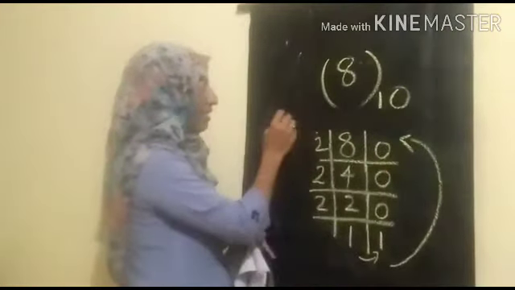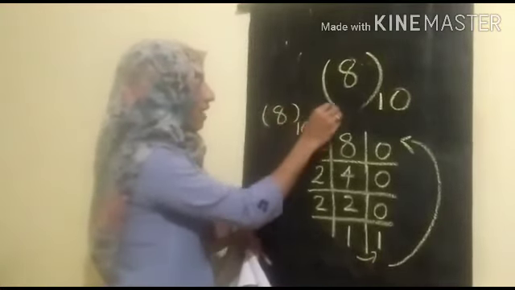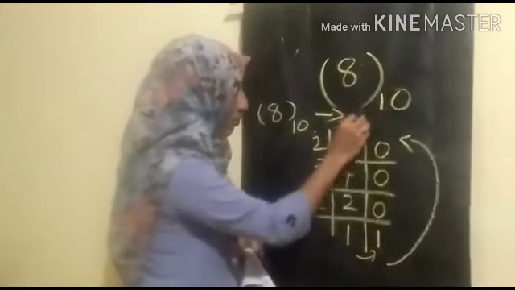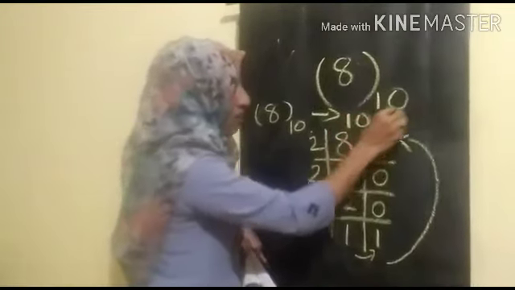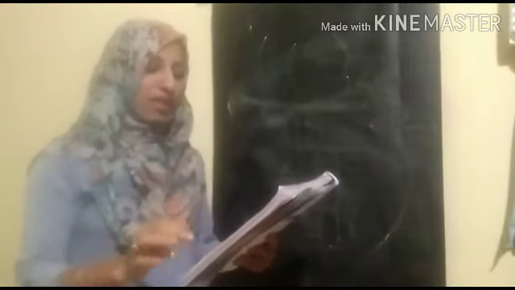The answer is 11000 base 2. If you want to change any decimal number into a binary number, we have to divide the number by 2.